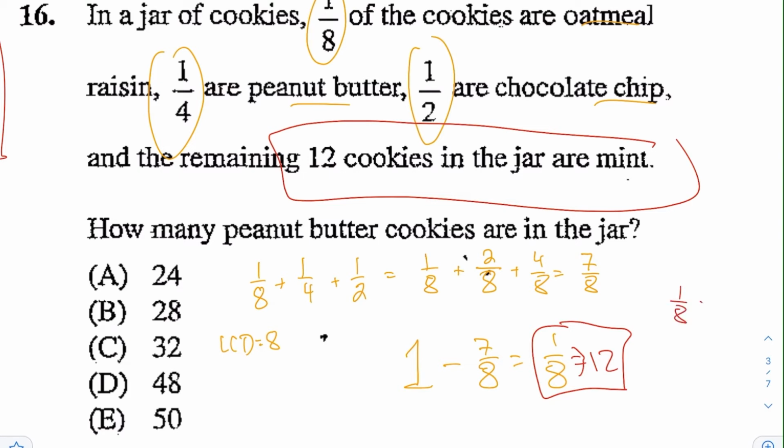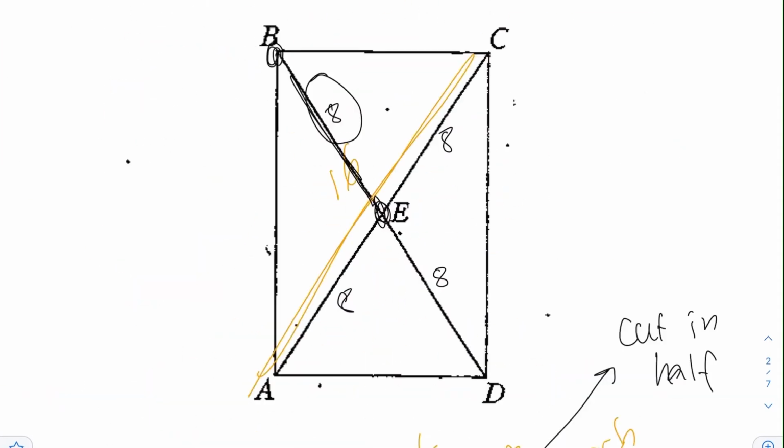So if 1/8 corresponds to 12, and you want to know the peanut butter cookies, well, peanut butter is 1/4. So to go from 1/8 to 1/4, you're going to have to multiply by 2 on both sides. Because when you multiply 1/8 by 2, you get 2 over 8, which is equal to 1/4. And then on the right side, also times 2.